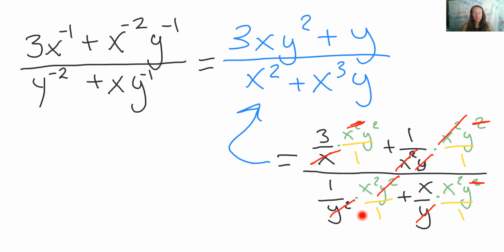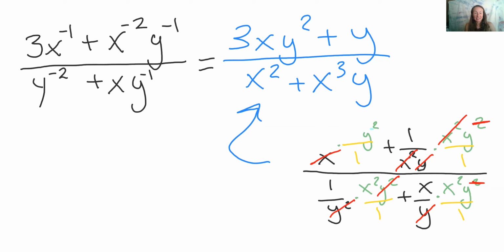In the denominator, our first term became an x squared, and our second term became an x to the third y. So our original expression, after we translated our negative exponents and dealt with our complex fraction, became this: 3xy squared plus y over x squared plus x to the third y.